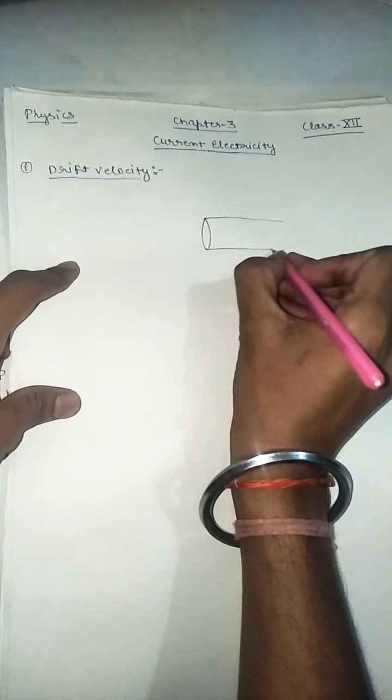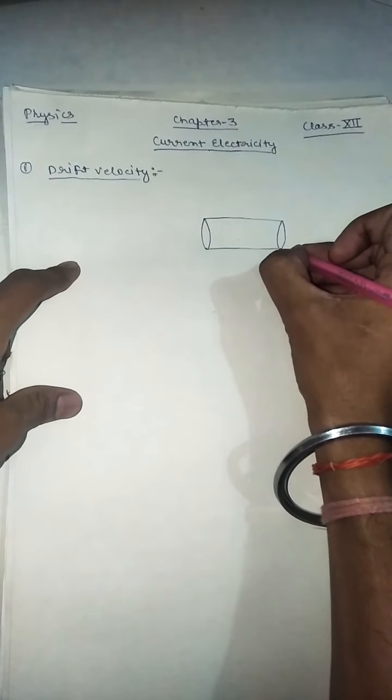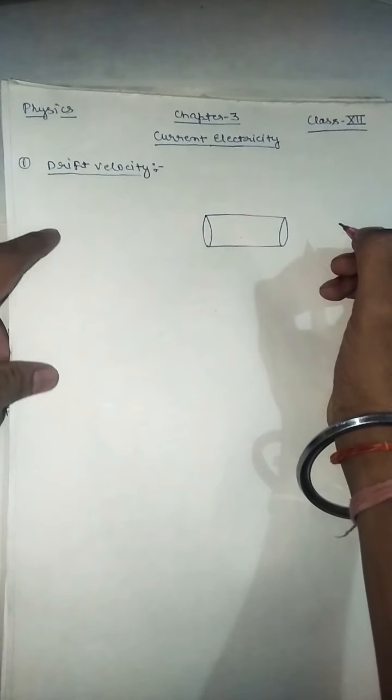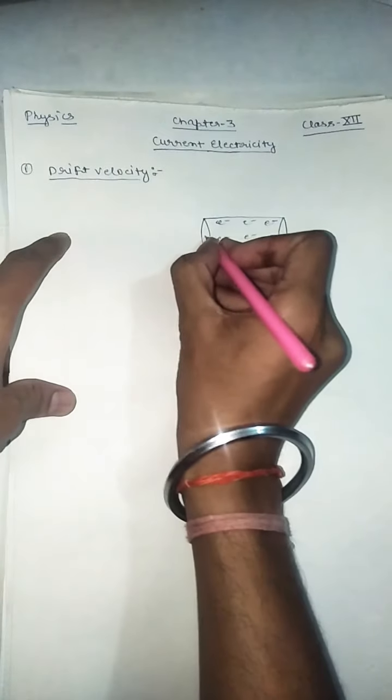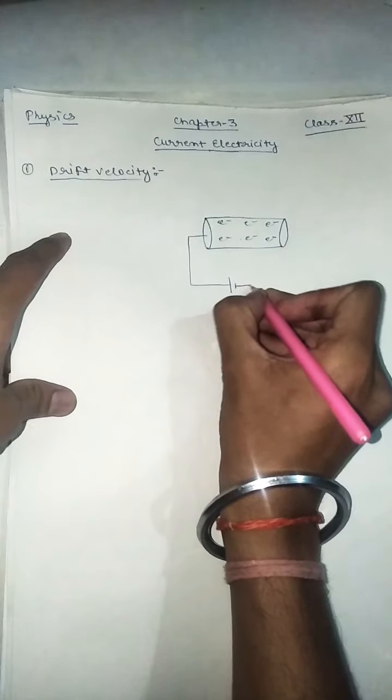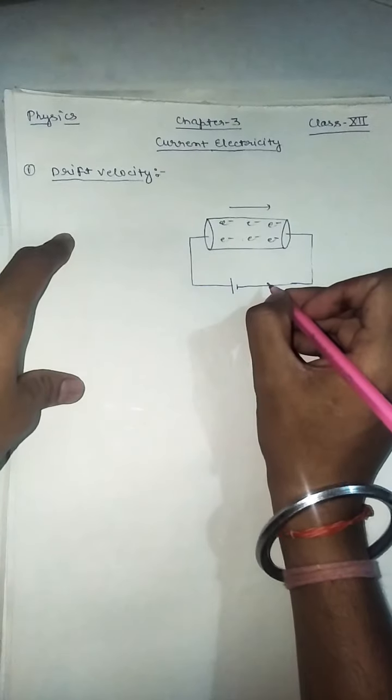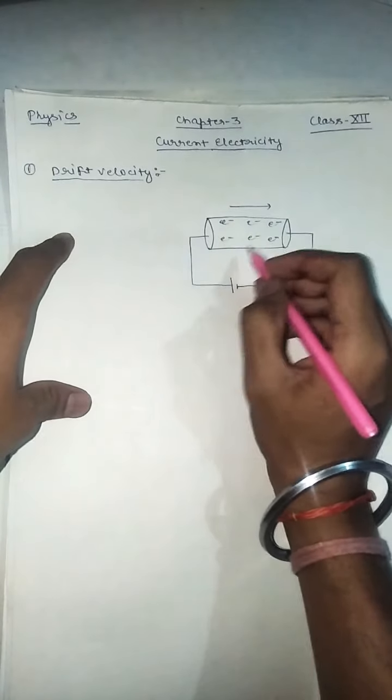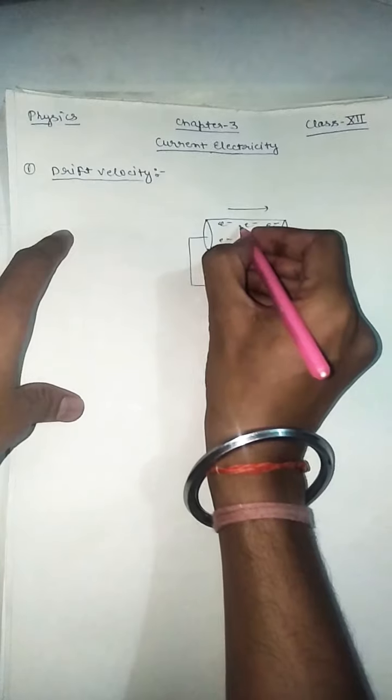Let us discuss. We are taking a conductor which is made up of a large number of free electrons. Until any external source is applied over this, the electrons are moving here and there. But when the electric field is generated inside the conductor, these free electrons which were moving randomly start moving in a particular direction, and current develops.